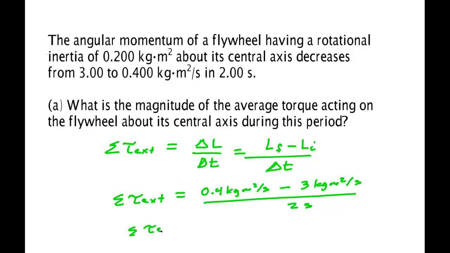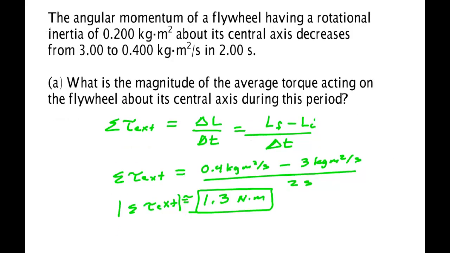So the sum of the external torque in this case, grabbing my calculator, I get 1.3, at least if I'm looking for the magnitude, which is the absolute value. 1.3 Newton meters. So that's the torque that you would have to supply to be able to create this change in angular momentum.